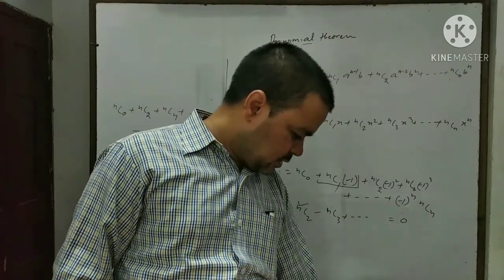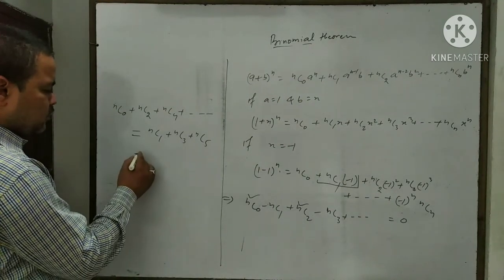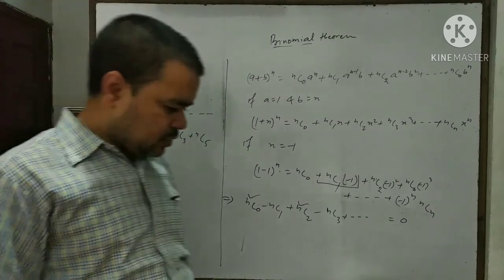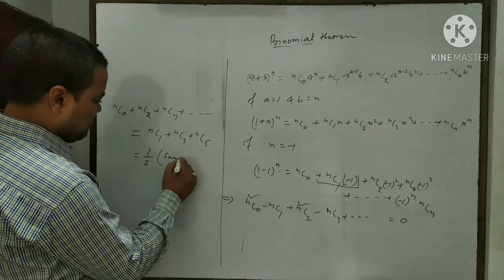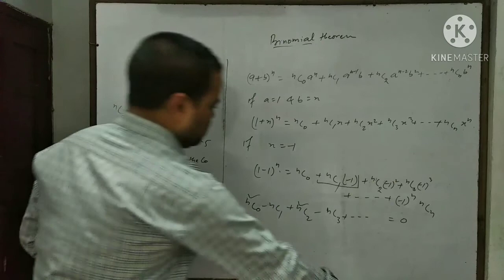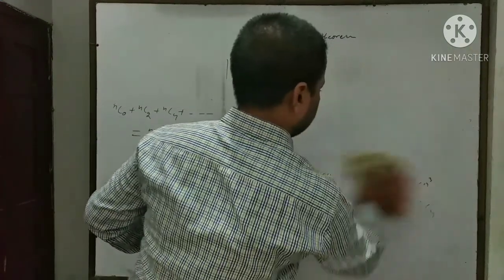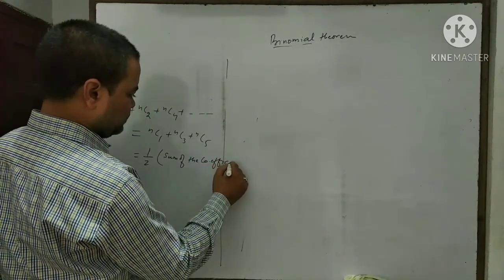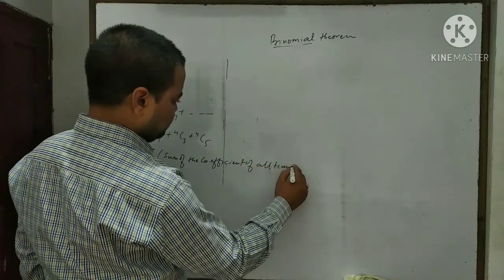So in this way, its value will be equal to half of the sum of the coefficients of all terms.